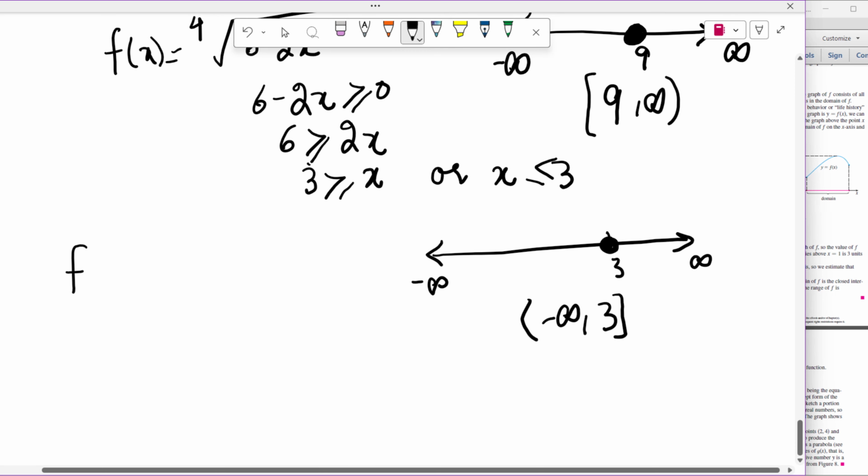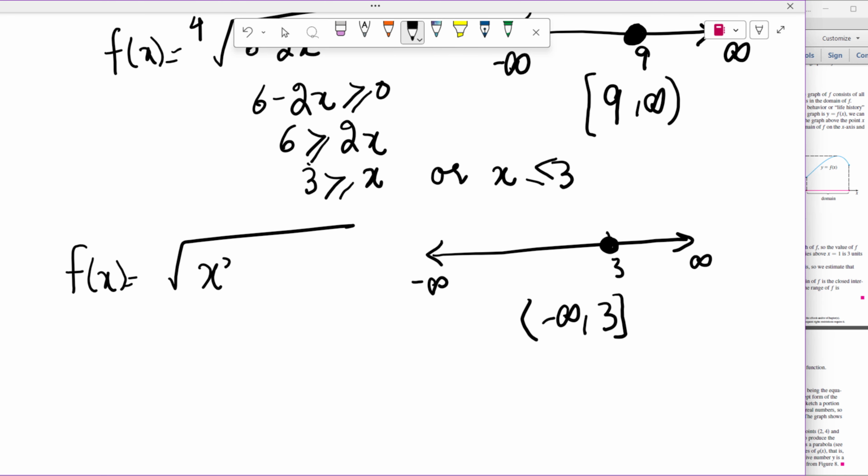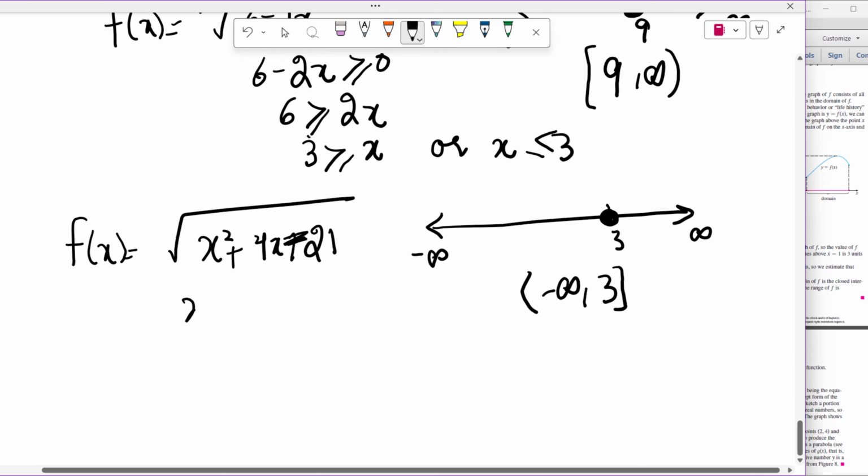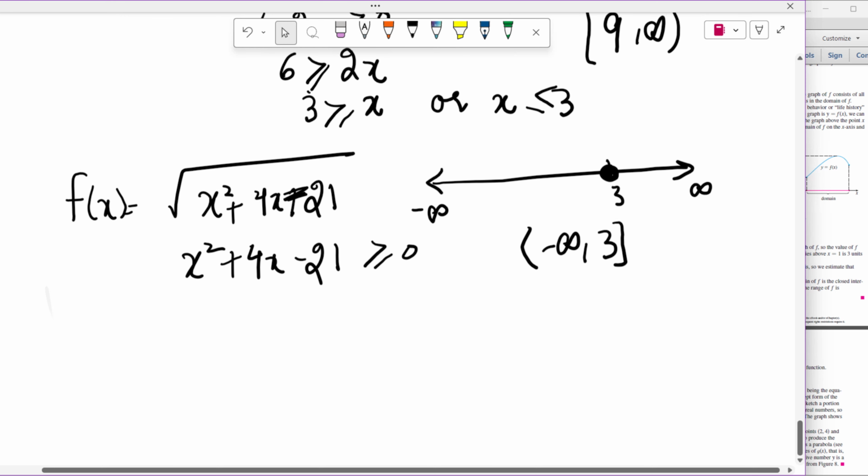Let's discuss another example. f of x is equal to the square root of x squared plus 4x minus 21. According to the definition, put x squared plus 4x minus 21 greater than or equal to 0.